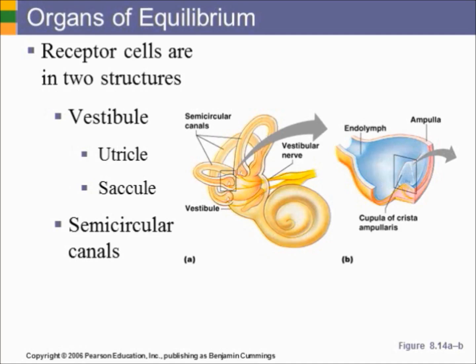The semicircular canals still are mechanoreceptors, and you have 3 semicircular canals. You have one that goes up and around here, and again, in 2 dimensions, it's awful hard to get across here. But they run 90 degrees to each other. I always use the example of a gymnast or a diver. If a gymnast is doing a front or a back flip, it's going to pick up that rotation as they flip forward or backwards.